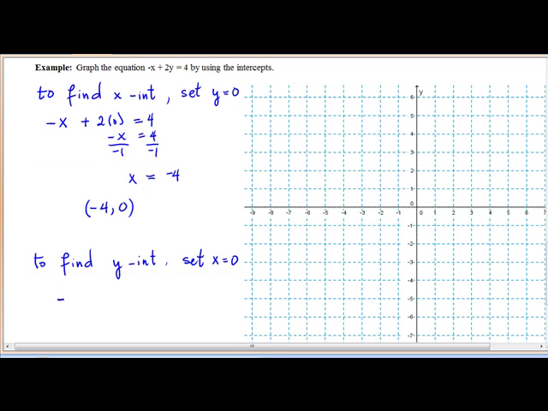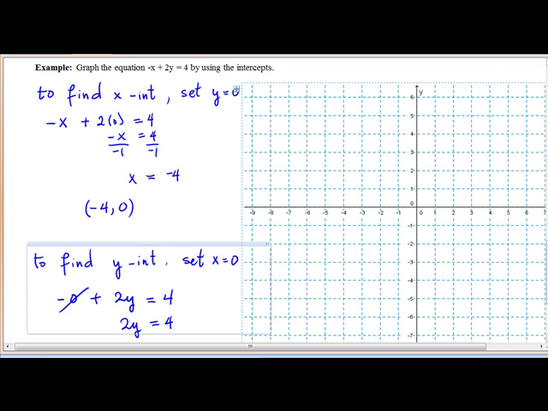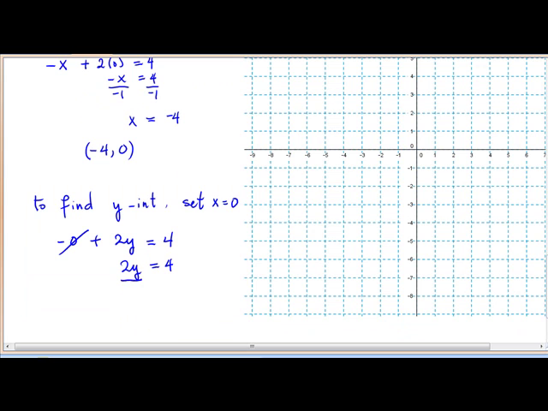So I have minus 0 plus 2y equal to 4, but this is 0, so I have 2y equal to 4, and then divide by 2, so y equal to 2. So when x equals 0, y is 2. So I have 2 points, the x and y-intercepts, that is enough for us to graph a line.